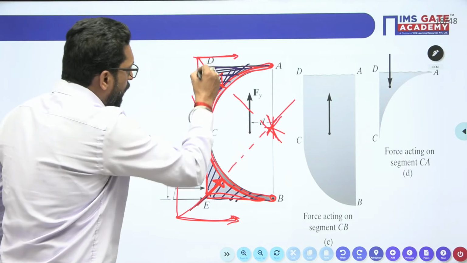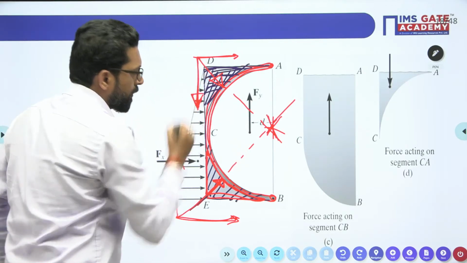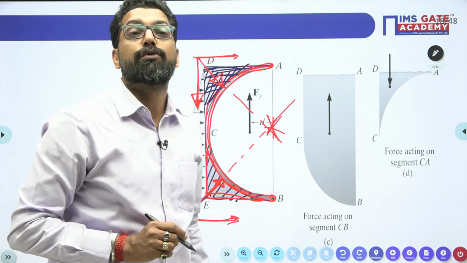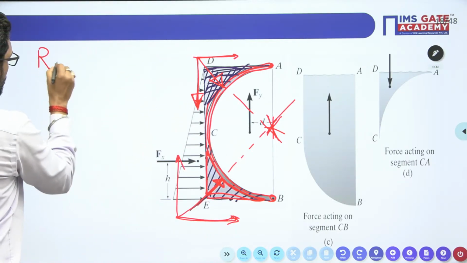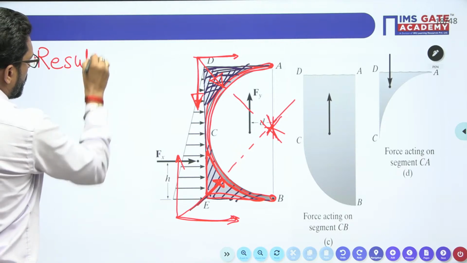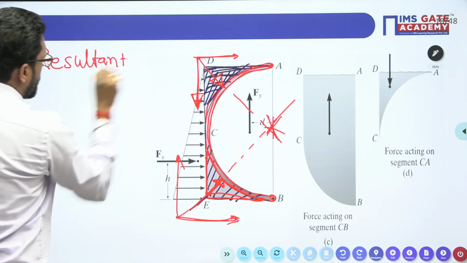Now the net vertical force you have to calculate. Then you have to find the resultant force due to hydrostatic force.